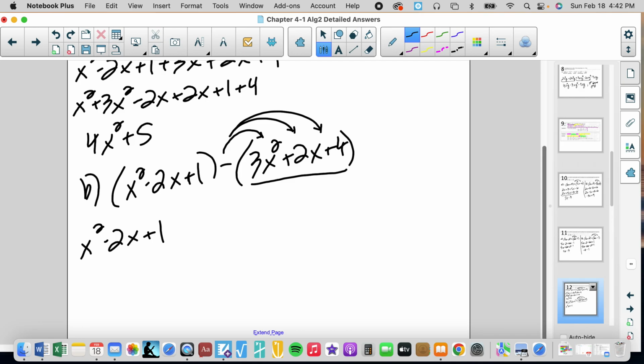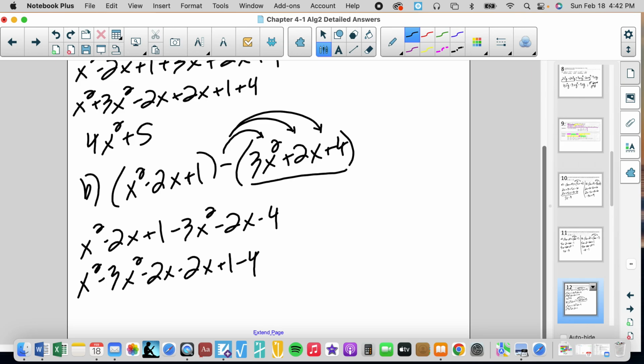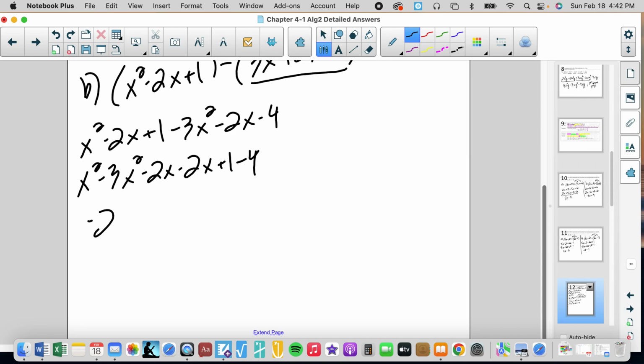So we had a positive 3x squared, it's now negative 3x squared, minus 2x minus 4. Let's write them in standard form and combine like terms. Minus 2x squared minus 4x minus 3. That's negative 2x squared minus 4x minus 3. Yep.